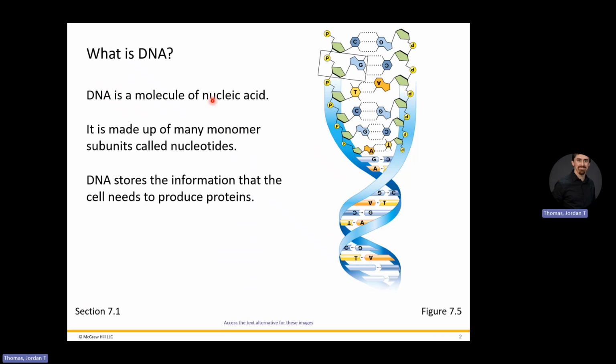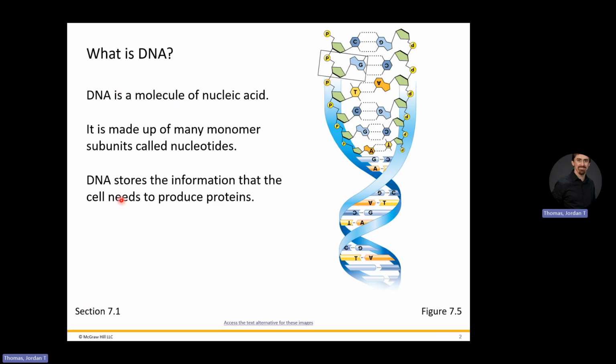So DNA is one of the types. It is a nucleic acid. We also have RNA that's also a nucleic acid, which we'll get to in a second. It's very similar to DNA. The monomer for nucleic acids is nucleotides. And this right here is a nucleotide. And we're going to break that down on the next slide.